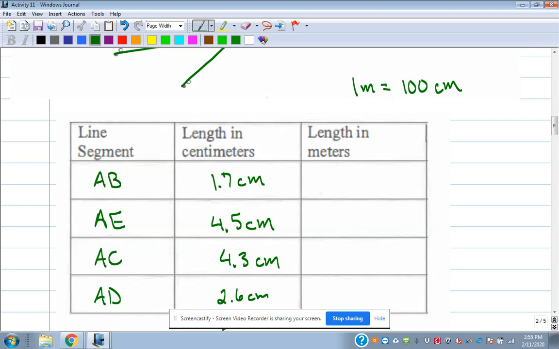So if we're going centimeters, and the prefix cent, a century is 100 years, right? Cent is 100. So the way the metric system names things really makes a lot of sense. When you talk about kilometers, kilo is 1,000 is what that prefix means. So 1,000 meters in a kilometer.